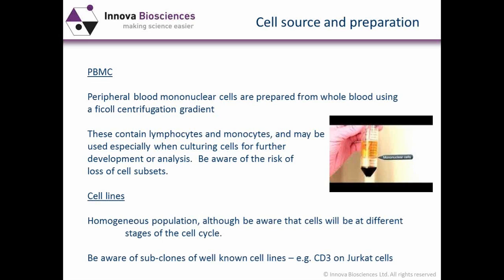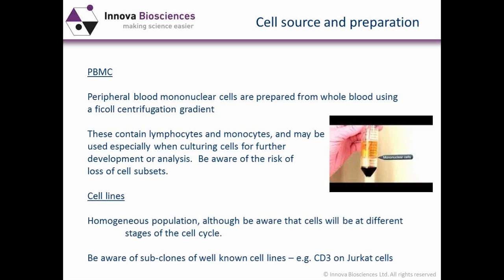You can see in the picture on the right-hand side what happens when you lay a sample of blood over Ficoll and then centrifuge that, usually for about 20 minutes or so. The red cells pellet at the bottom, the plasma is seen as the yellow color at the top, and there is a band of mononuclear cells, the lymphocytes and monocytes, exactly where the arrow is pointing. You can remove these very gently with a pipette, and you have a purified population of cells.